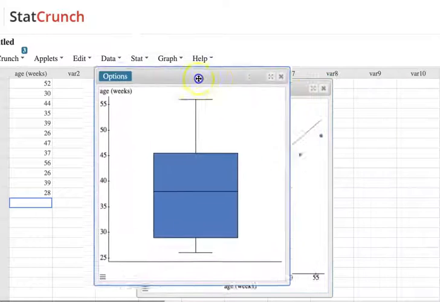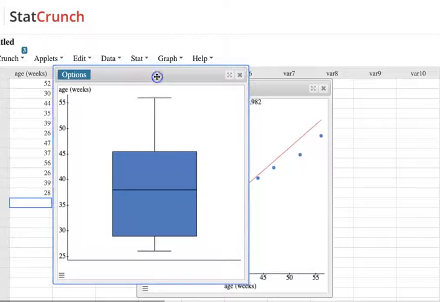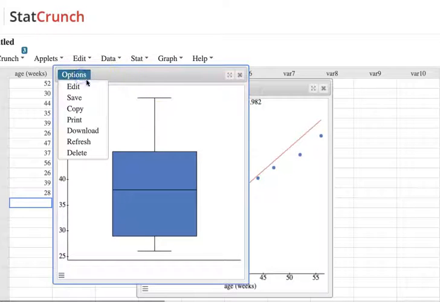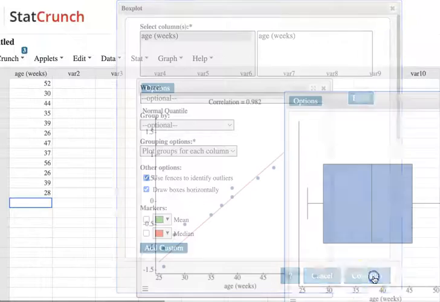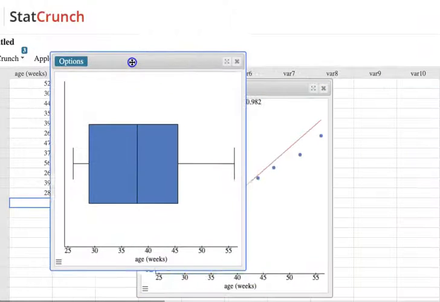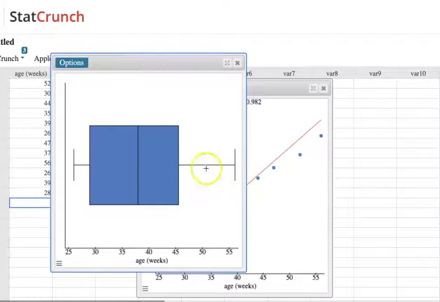I meant to check the box to make it go the other way, but I can go into edit, draw boxes horizontally. Now it looks normal. And I do not see any asterisks outside the whiskers. So that means that there are no outliers.